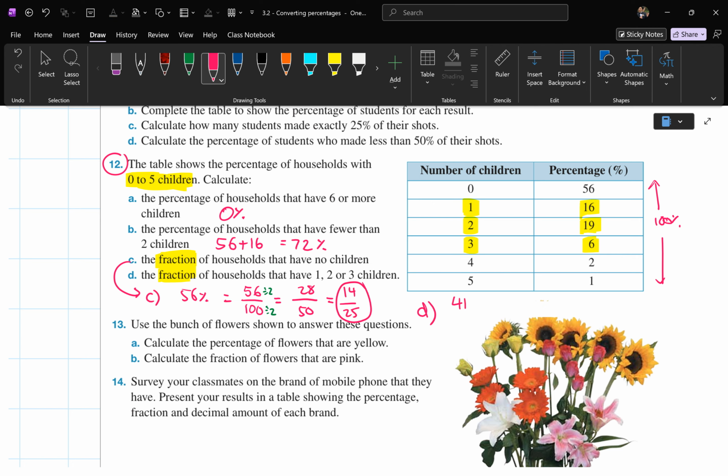Yeah, 41%. And 41 as a fraction is 41 out of 100. Let me double check that. 25 plus 16. Yes, I was right. You can't simplify 41 over 100, or at least I think you can't. I can't think of a number that fits in both 41 and 100, so that's your answer.